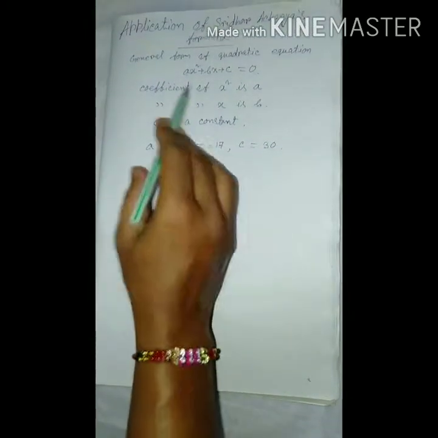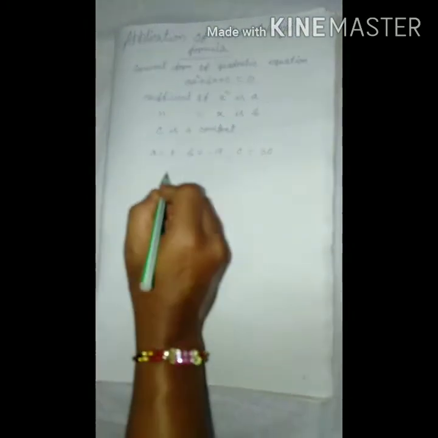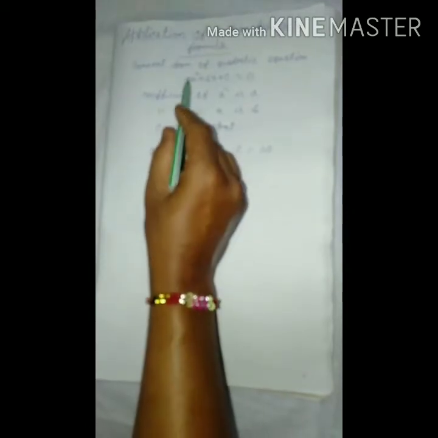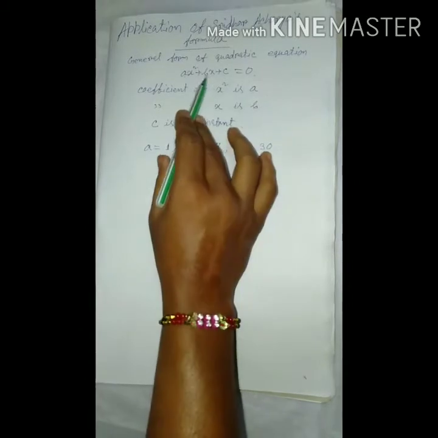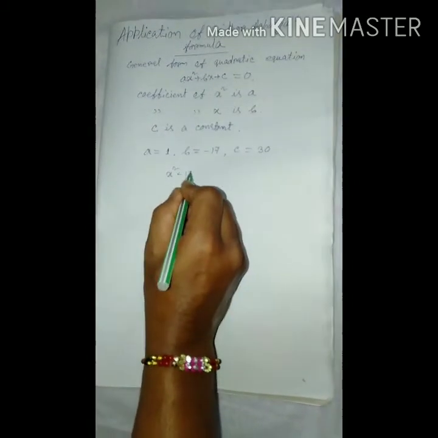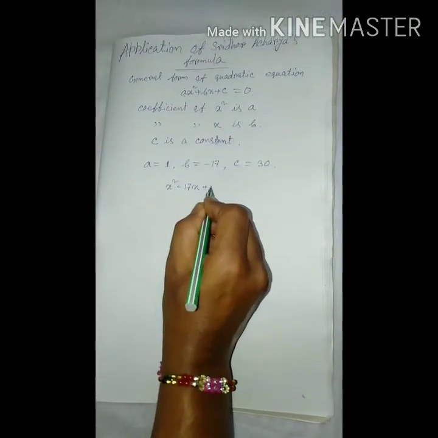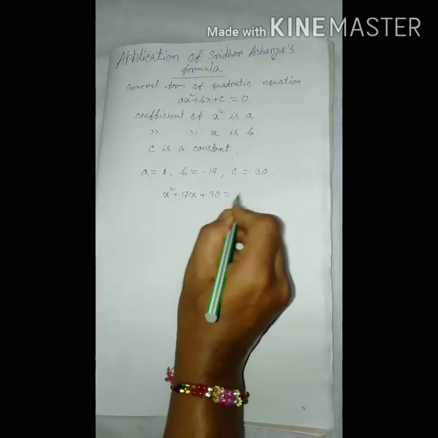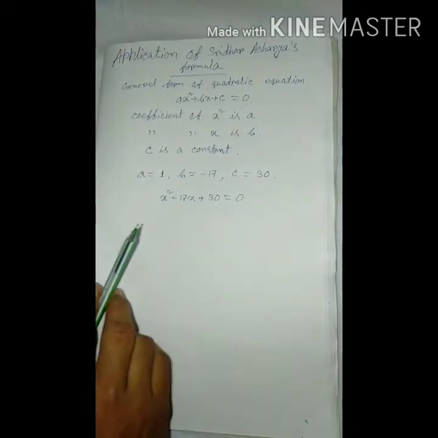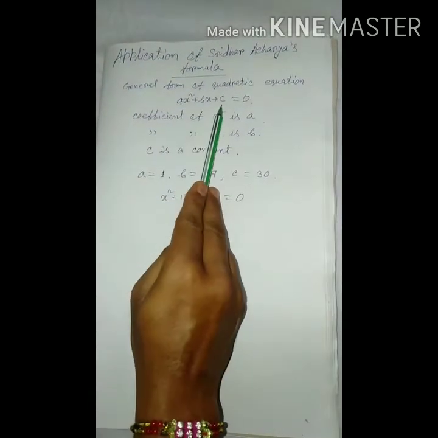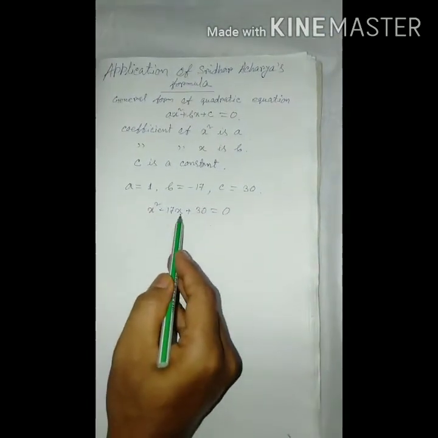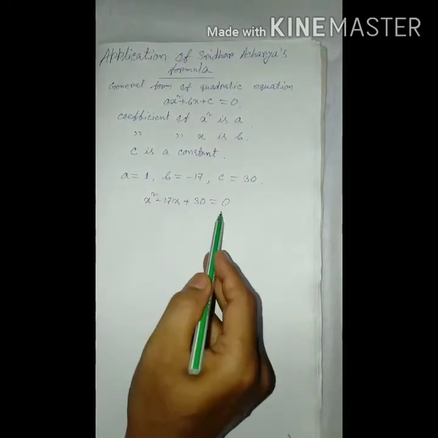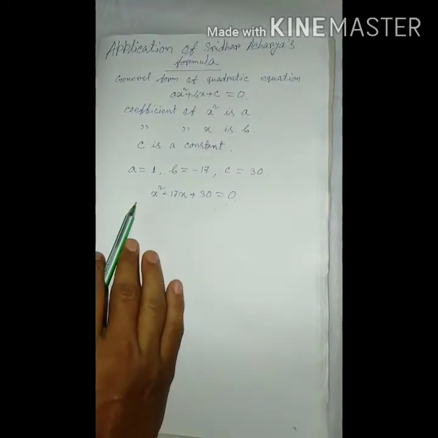So putting these values, we get x square into 1, that is x square, minus 17x plus 30 is equal to 0. So ax square plus bx plus c is equal to 0 becomes x square minus 17x plus 30 is equal to 0. This is a quadratic equation.